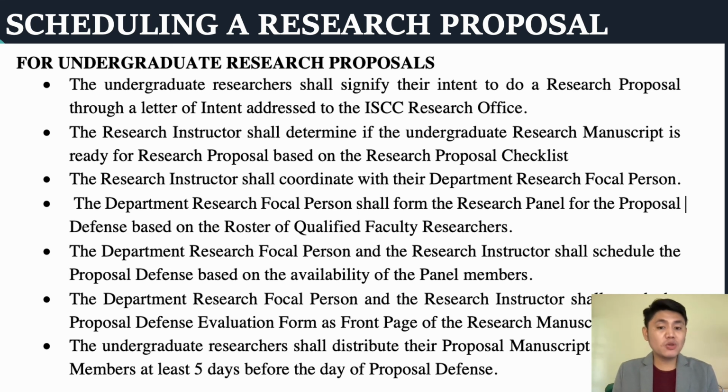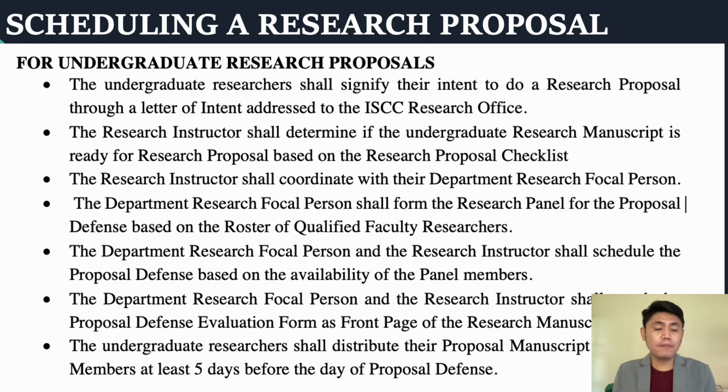Once you have completed the different parts of your research manuscript, the next thing that your instructors are going to do is coordinate with your department research focal persons. And these research focal persons will be the ones who will build your research panel. They are the ones who will choose your panel during your research proposal.